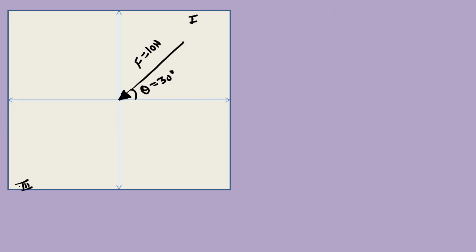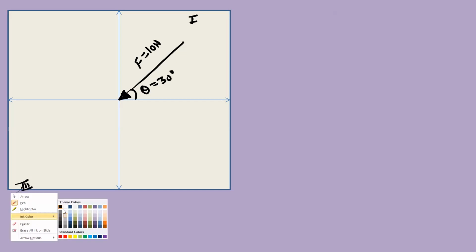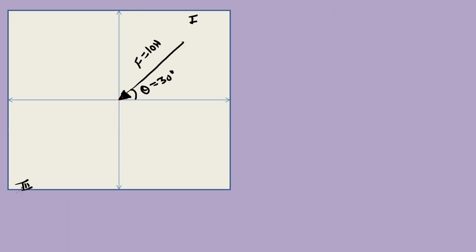Okay. But this force is not lying in the first quadrant. Actually, it is in the third quadrant. So if you draw the line of action for this force, so this is the line of action. Okay. So actually the force direction is towards the third quadrant.